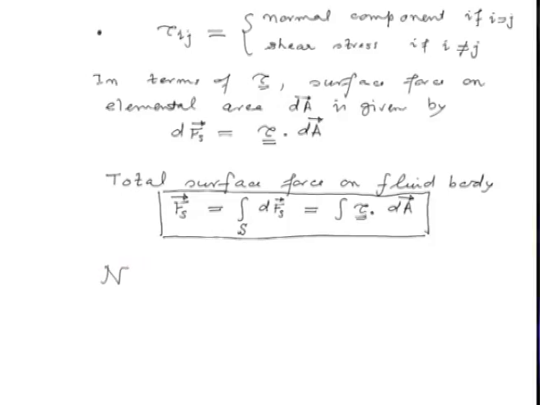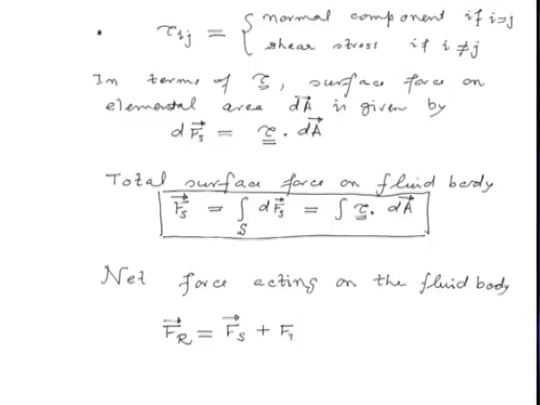Now, we can combine the two force components which we have discussed so far, the surface forces and the body forces, and we can write that the net force acting on the fluid body, F_r, is equal to F_s, the surface forces, plus the body forces, or in terms of the integral quantities, this is equal to the integral of tau dot dA over the surface of the fluid body plus the integral of rho b dV over the total volume of the fluid body.